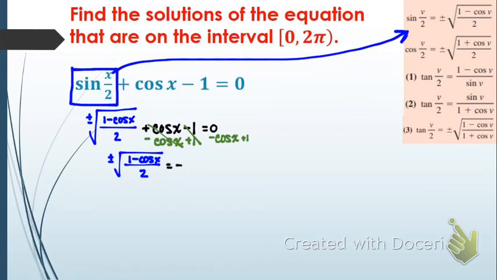Now that is equal to negative cosine of x plus 1. Now, if I square the left-hand side, is there a whole bunch going on? Nope. If you do it to one side, though, you have to do it to the other side. So I do have to square this, but over on the right-hand side, I'm just squaring a binomial.